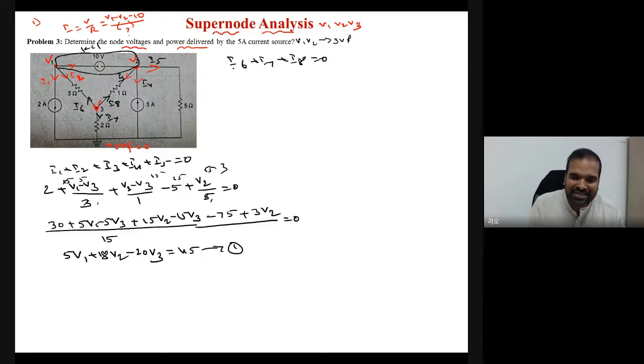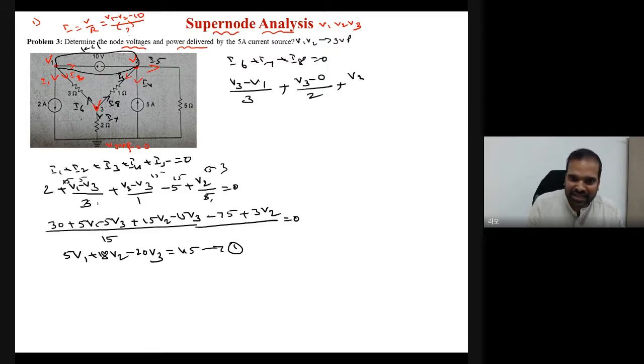Clear? So I6 means what? Current is going towards V3 through the resistor. One end V3 is connected, another end V1 is connected, (V3 minus V1) by 3. So I7 means what? One end V3 is connected, another end V reference 0 is connected, by 2. Plus I8 means what?